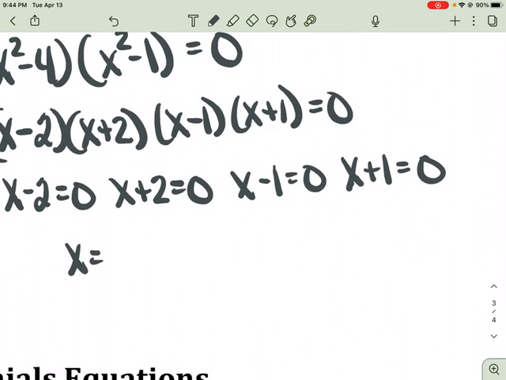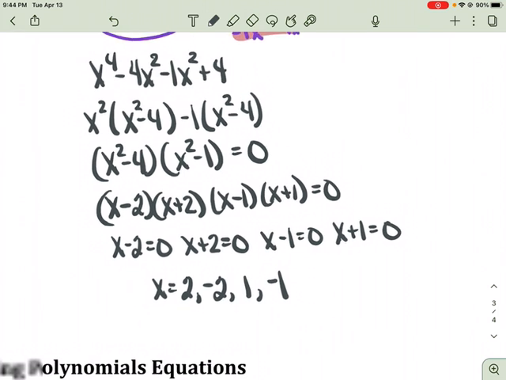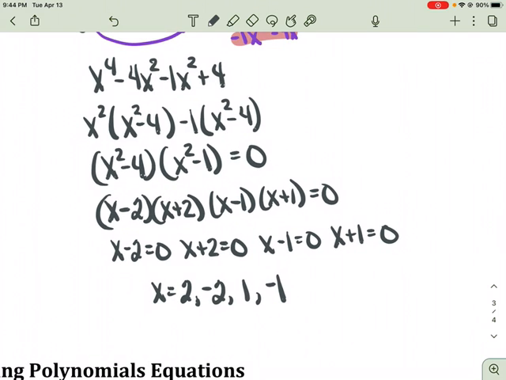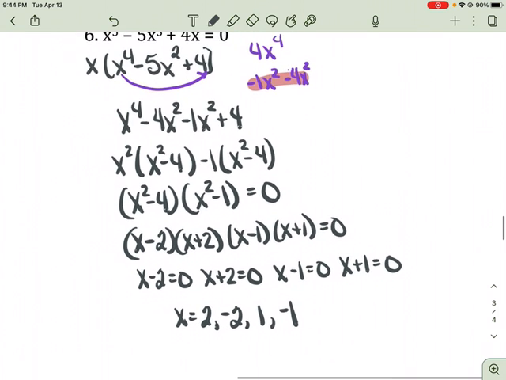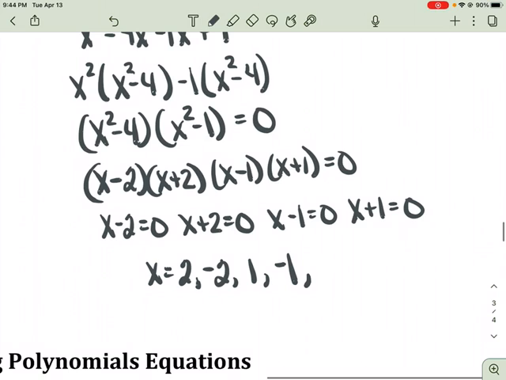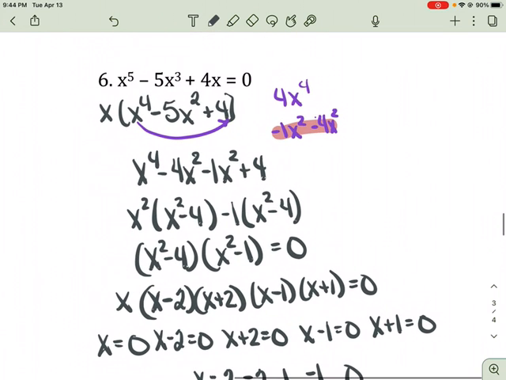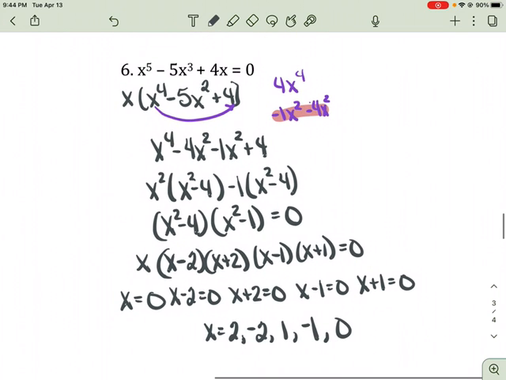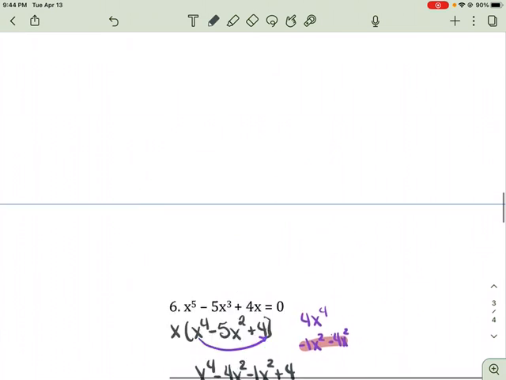So our answers are 2, -2, 1, and -1. 4 answers. Makes sense. Oh, and I forgot 0. I forgot the 0. Don't do that. So we have 5 answers because we started with x to the 5th. Okay? So your number of answers has to match your degree, the highest exponent.